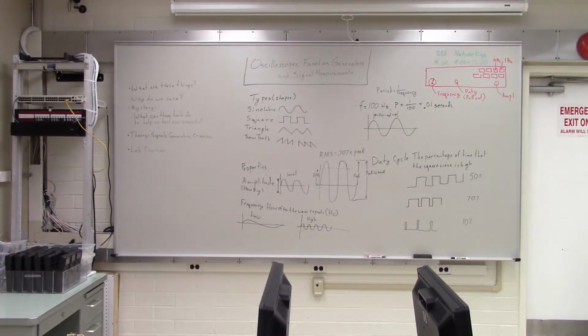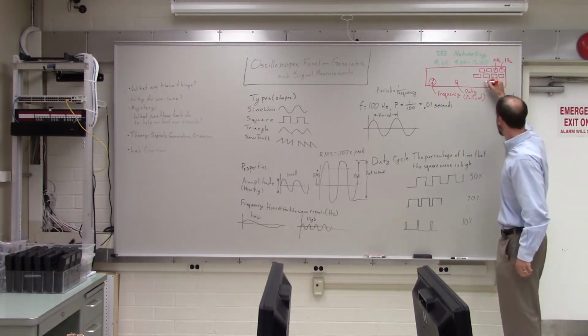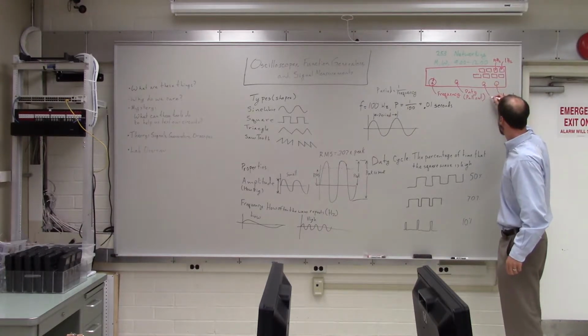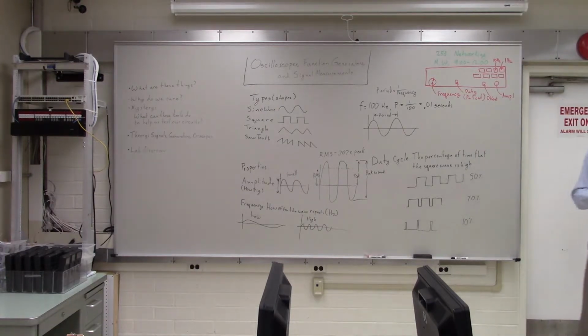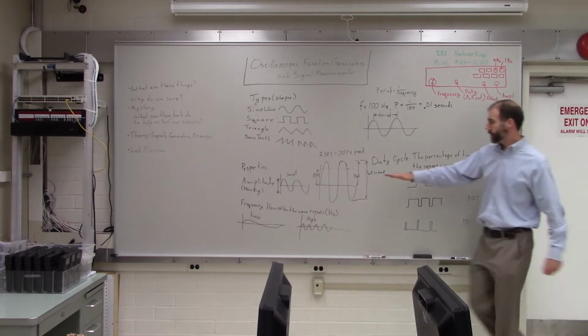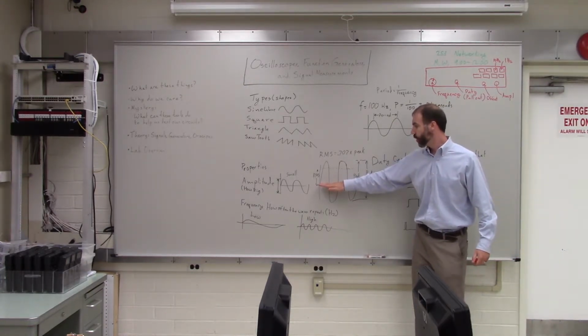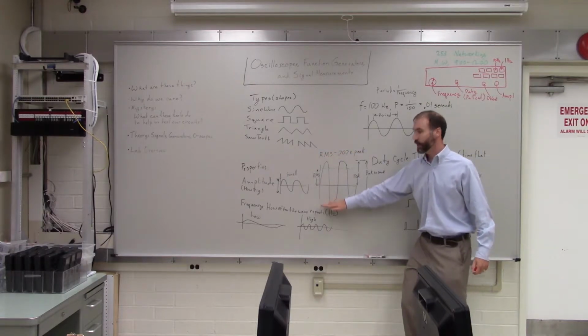And then the last knob I wanted to tell you about is the offset knob. The offset is next to the amplitude there. The offset determines whether this wave is centered right around 0 or whether it gets shifted up or down.